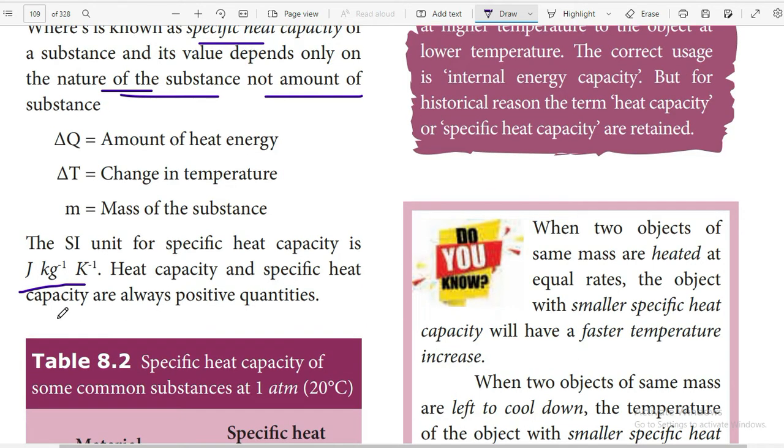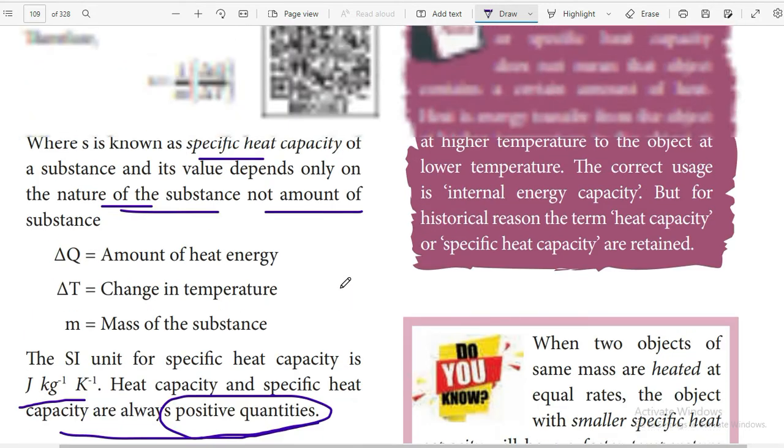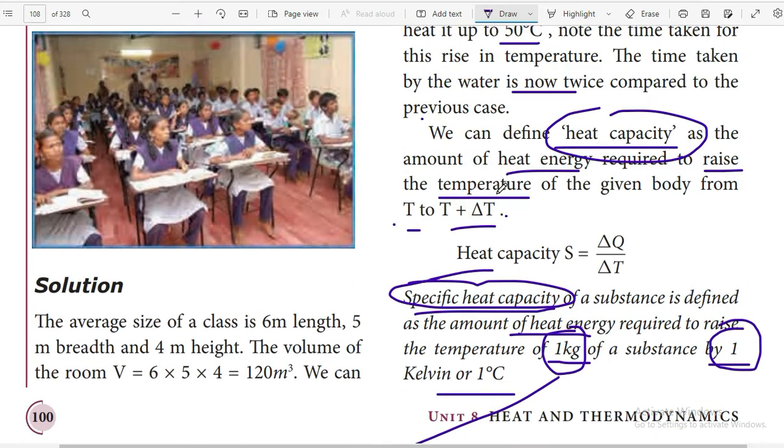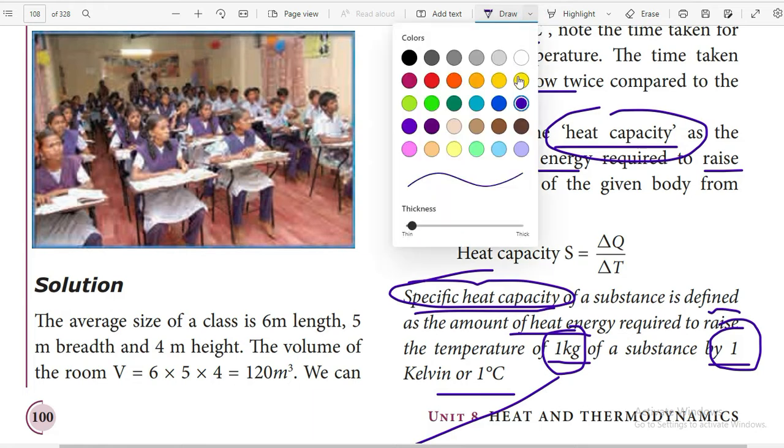The heat capacity and specific heat capacity are always positive quantities. Remember this, all these will be 1 mark questions. They are positive because we are not talking about the temperature getting reduced; we are only talking about the temperature being raised. Note down this word.